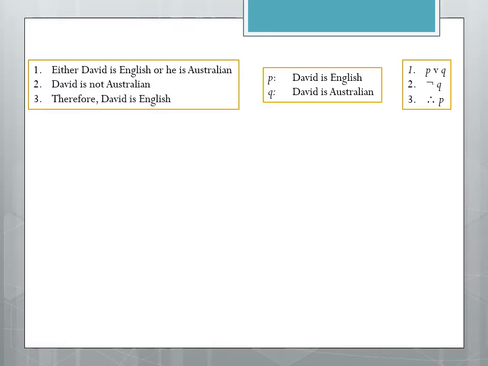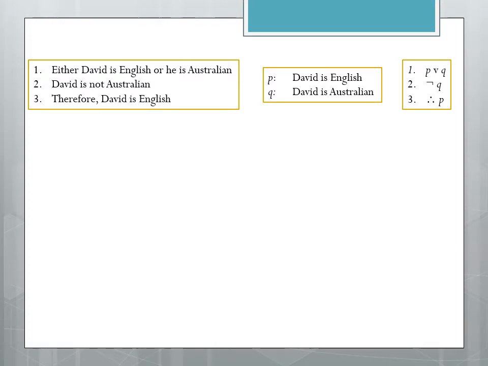The second premise in English reads David is not Australian, and since we have a symbol for not, then we can translate that into the symbolic language as gate Q. A symbol I haven't introduced so far is the symbol for therefore, which is a symbol that has three small dots that look like they're the corners of a triangle.